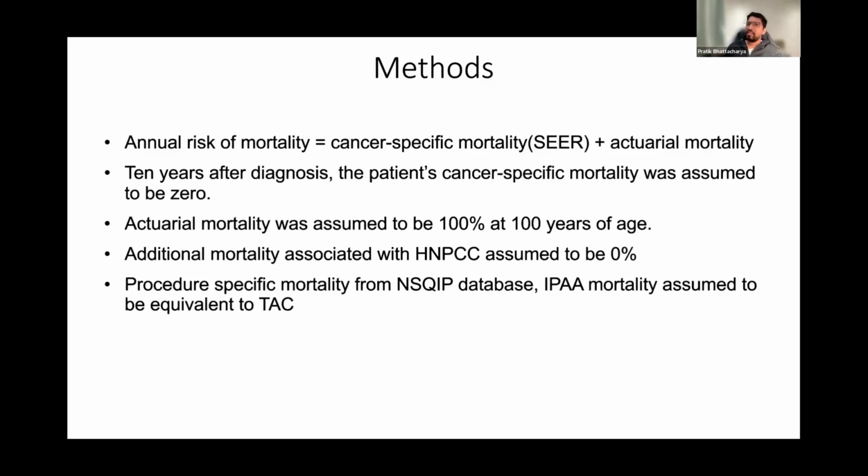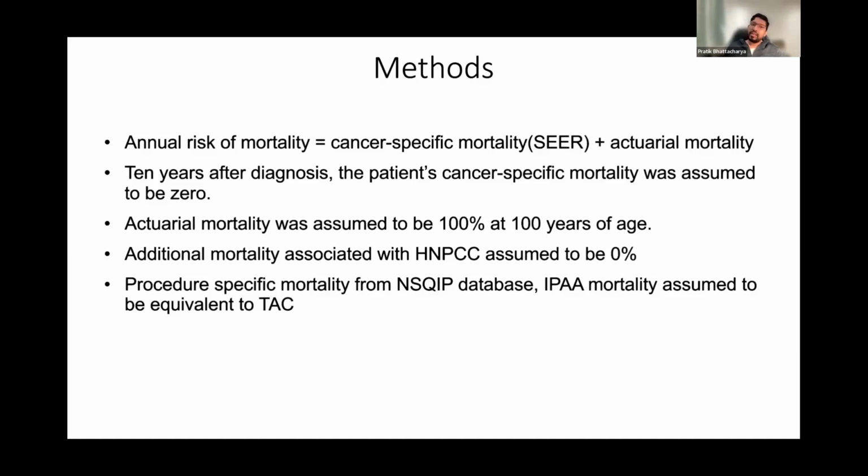Annual risk of mortality. So each year of the cycle, risk of mortality was calculated as cancer-specific mortality. The data was found from SEER data, and actuarial mortality. That is the mortality which occurs in the general population. 10 years after the diagnosis, the patient's cancer-specific mortality was assumed to be 0. The actuarial mortality was assumed to be 100% at 100 years of age.